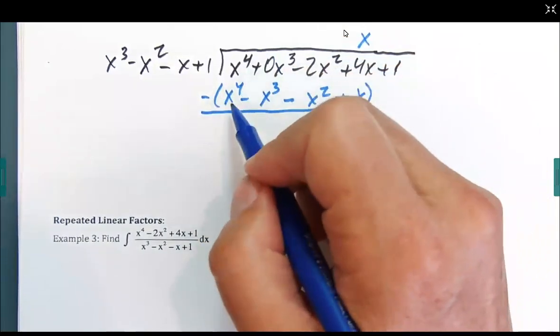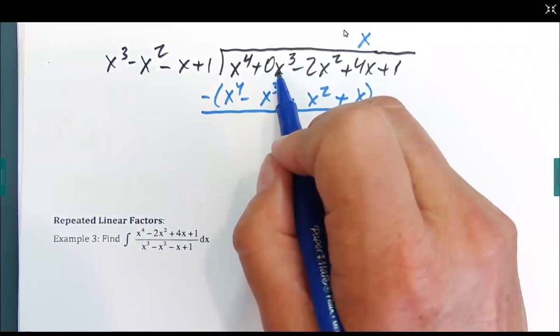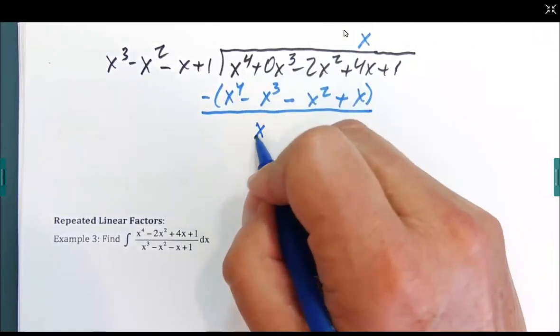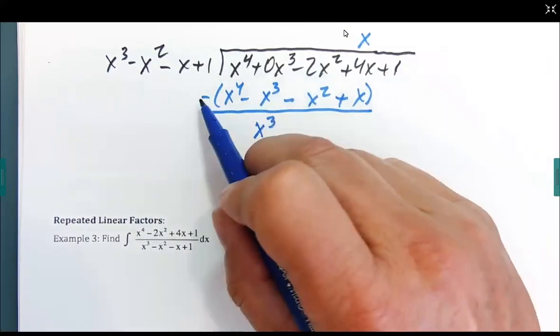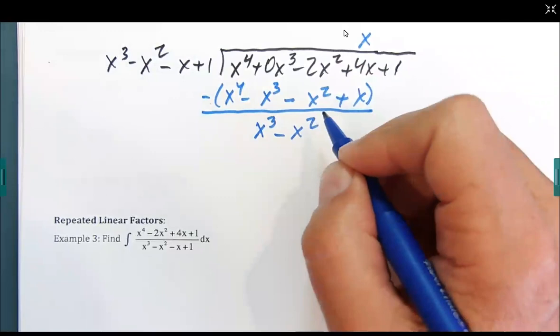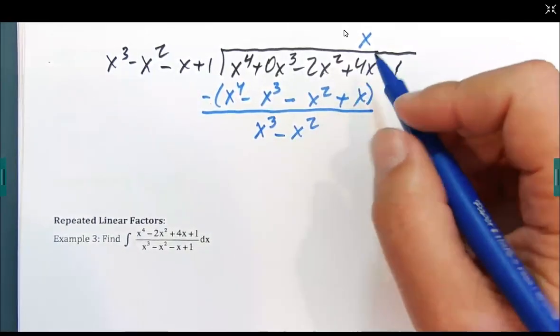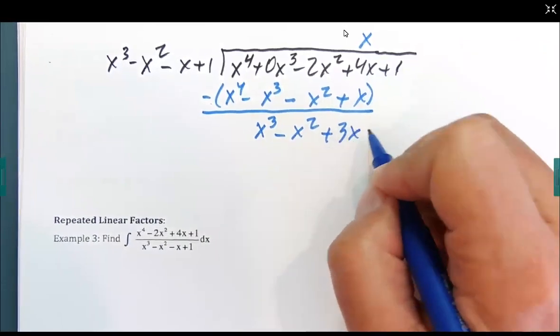X to the 4th minus x to the 4th is 0. Now be careful here, this becomes 0x cubed minus minus, this becomes x cubed. Again, negative 2x squared plus x squared is minus x squared. 4x minus x is 3x. Then bring down the 1.